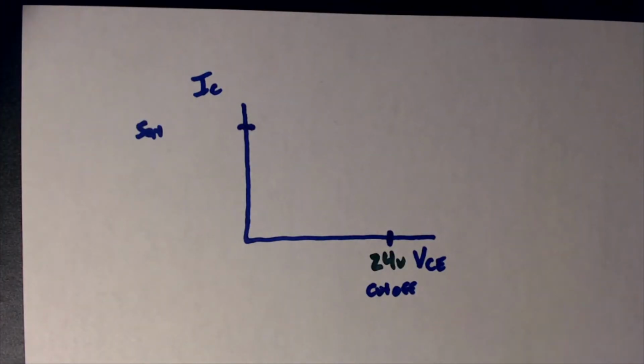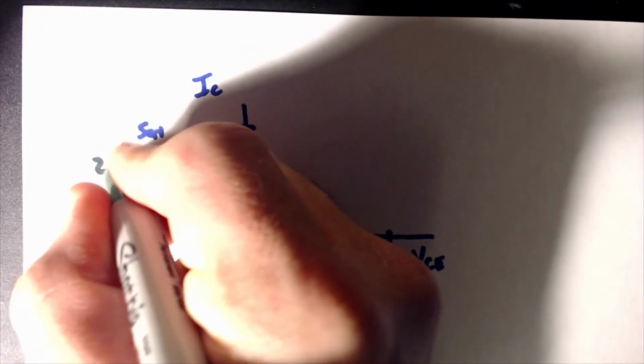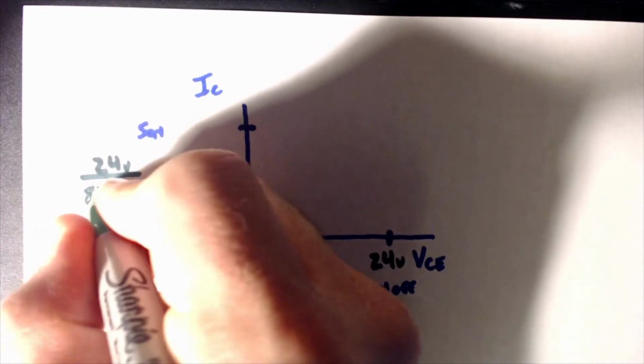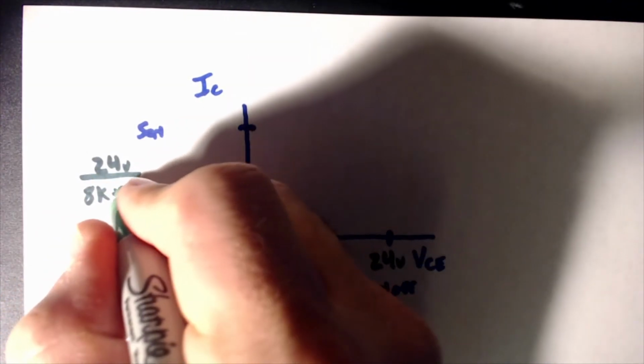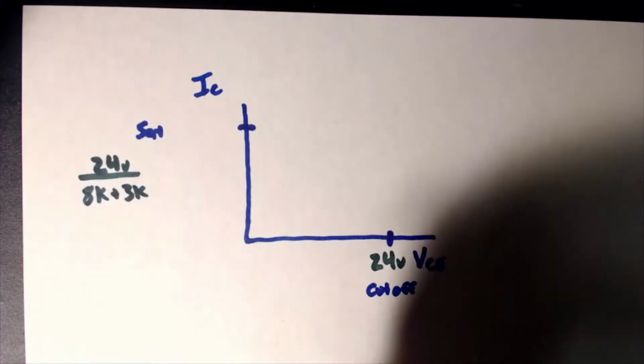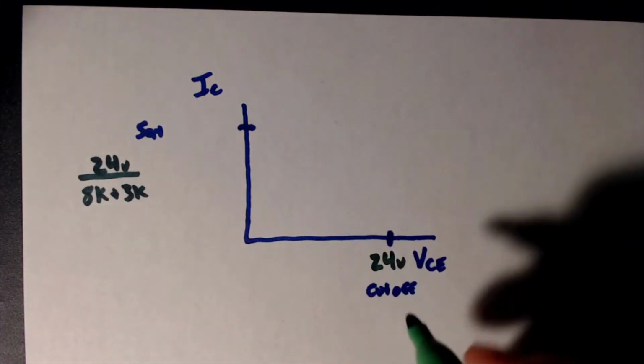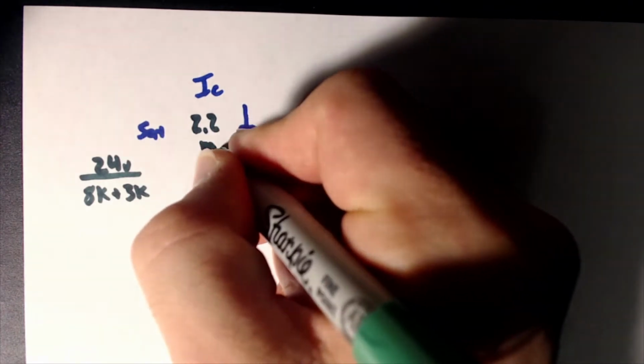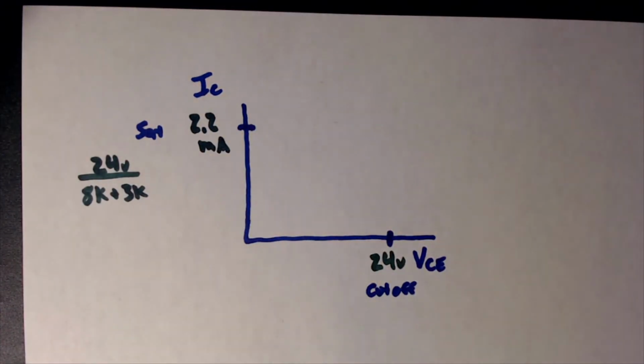So over here, we're going to get 24 volts divided by 8K plus 3K. Now that's going to be equal to 2.2 milliamps.